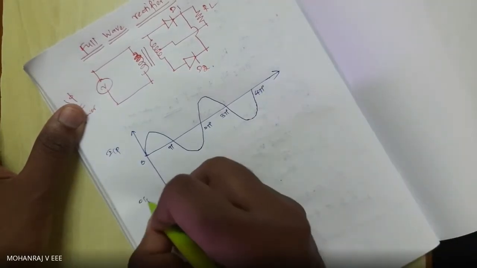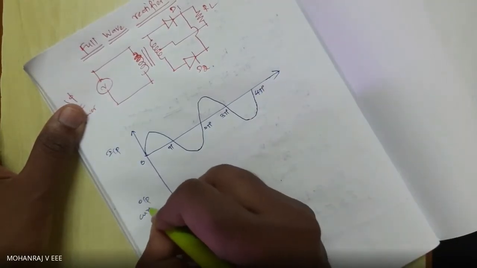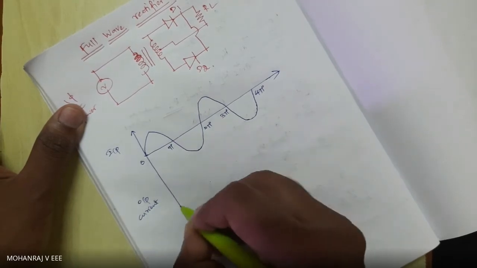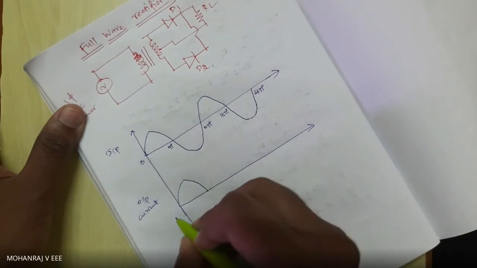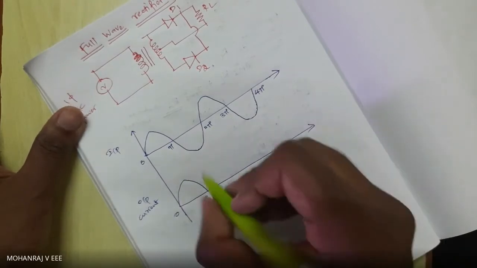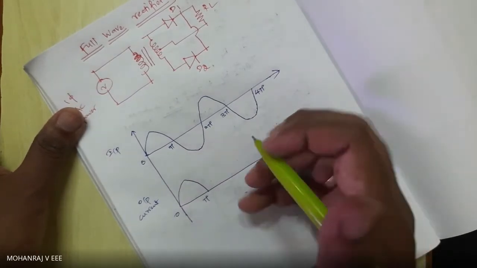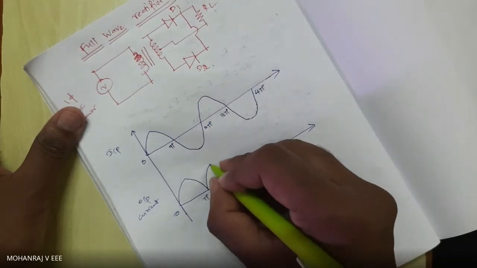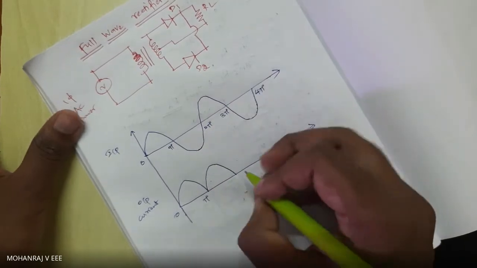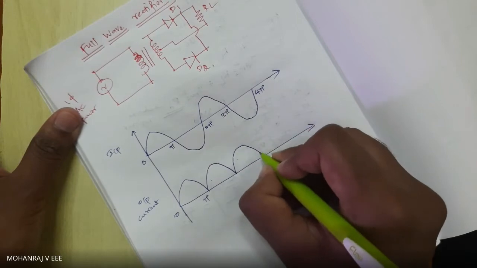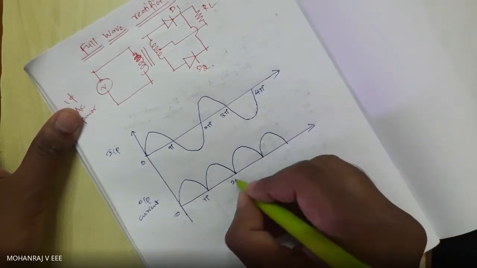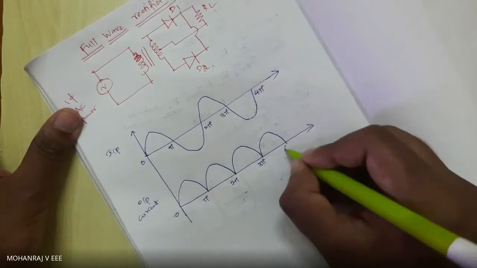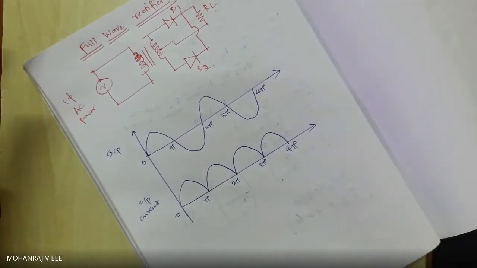Then what will be the output current waveform? So 0 to pi. Then for the negative cycle, even the negative cycle is converted into positive cycle in full wave rectifier. So this is the output for my full wave rectifier.